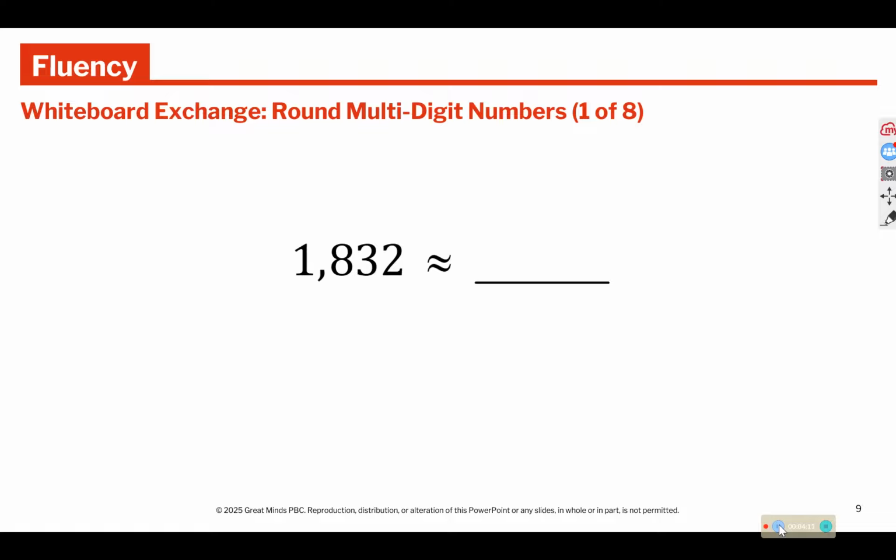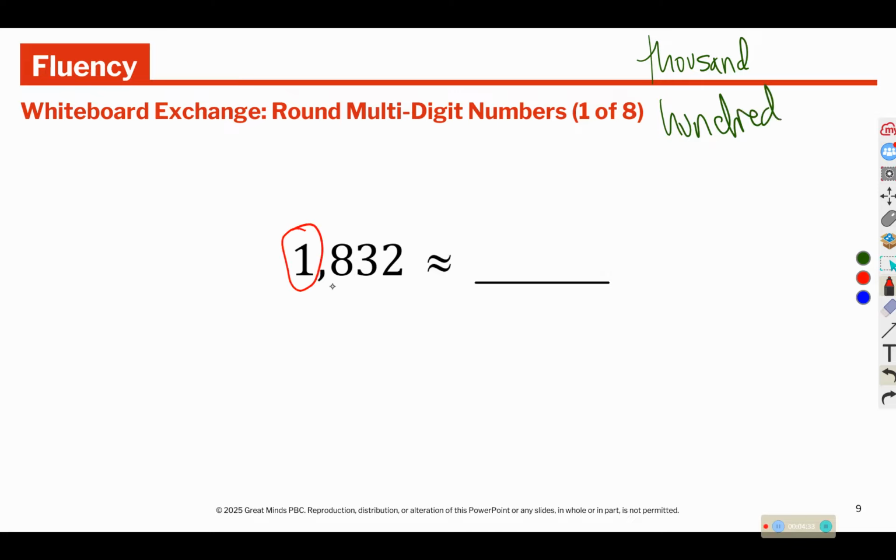In this section, we're going to work on rounding, similar to what we did yesterday. This time we're rounding to the nearest thousand first, and then to the nearest hundred second. If we are rounding to the thousands place, we have to look to the right.